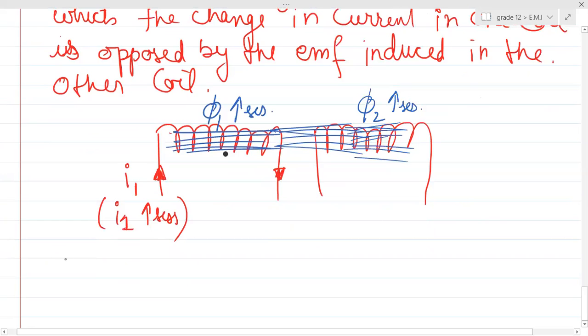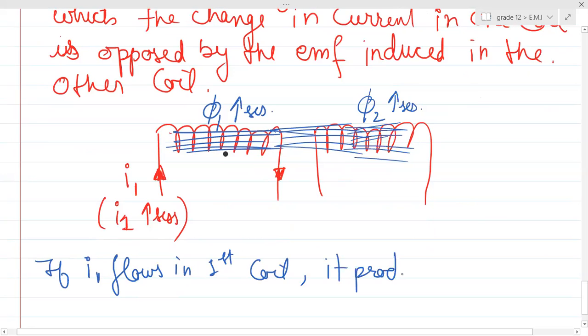I'll write the whole thing so that you won't get confused. If I1 flows in the first coil, it produces flux phi 1 in the first coil.